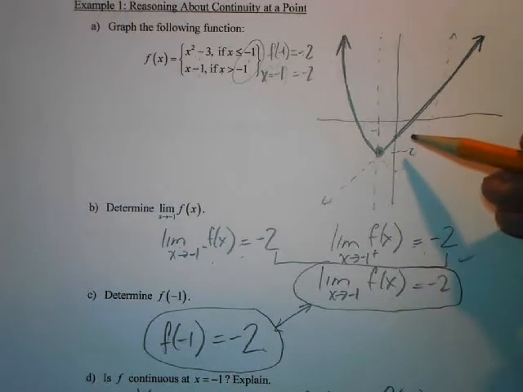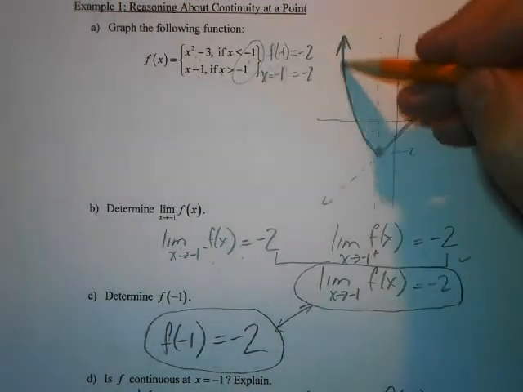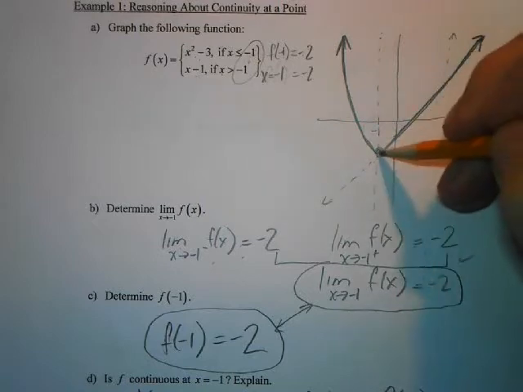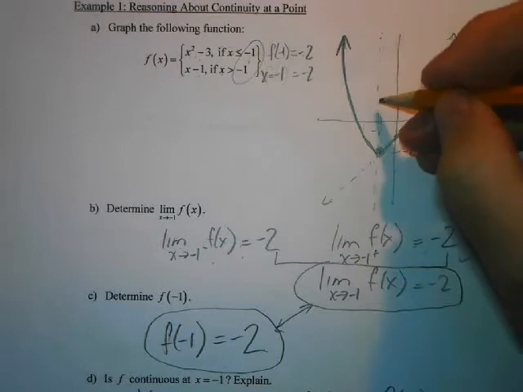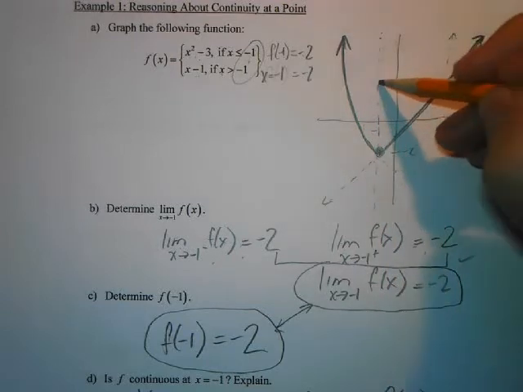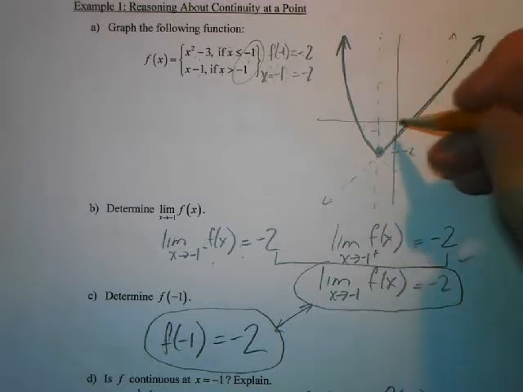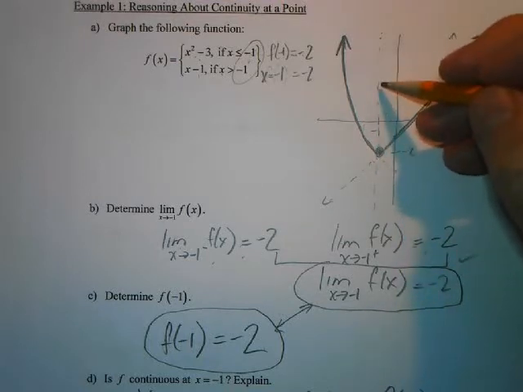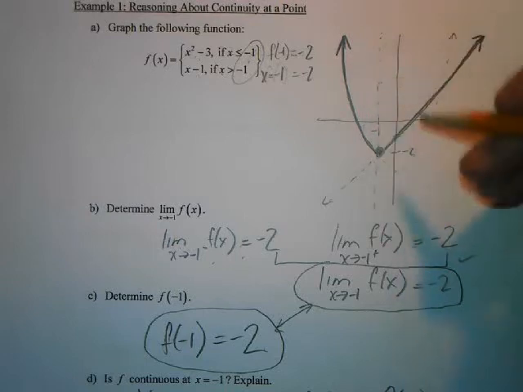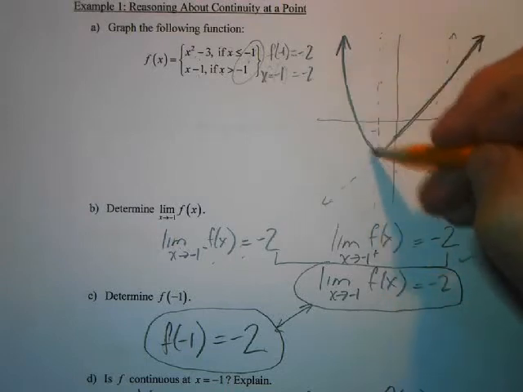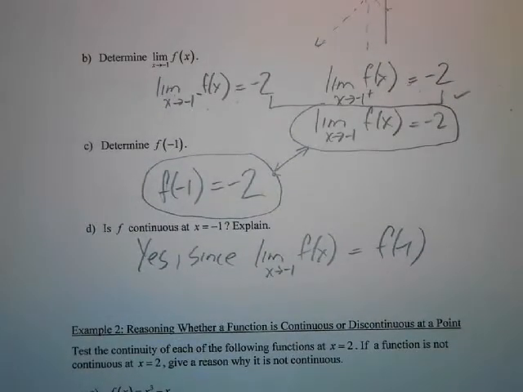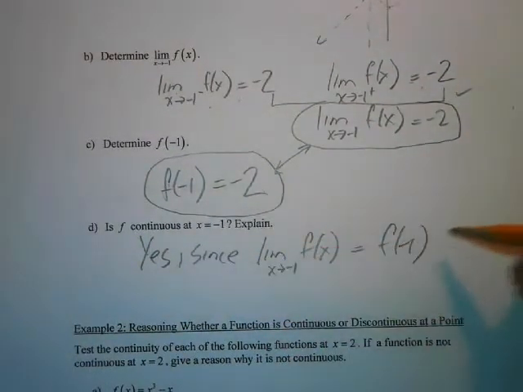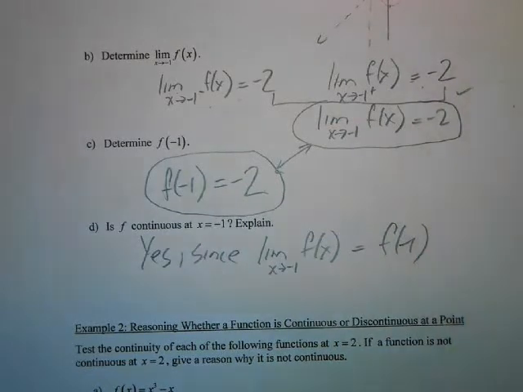We did have some examples where maybe the two sides had the same value for the limits, but the actual value of the function was somewhere else for some reason. In that case, looking at continuity, that would not be continuous. The fact that the value of the function is the same as the limit means the function is continuous at that point.